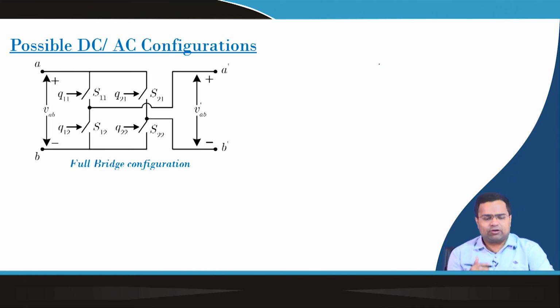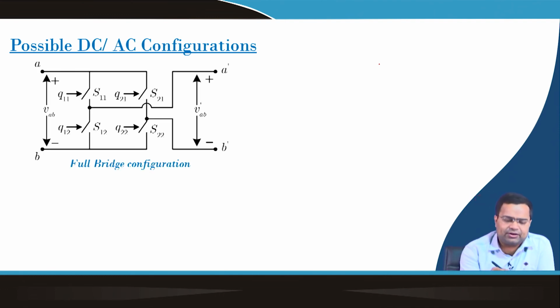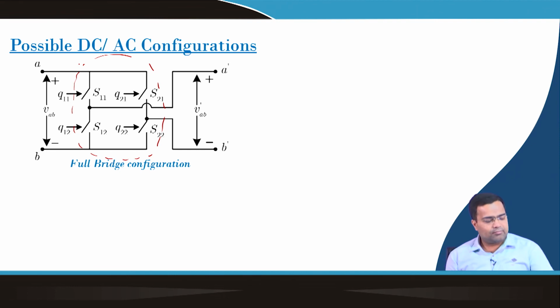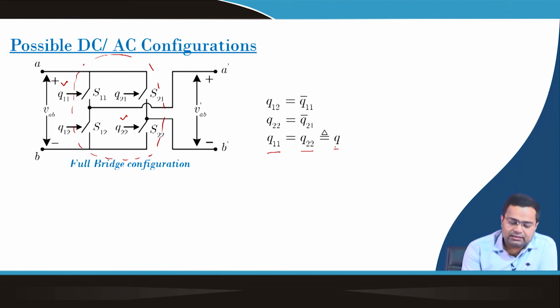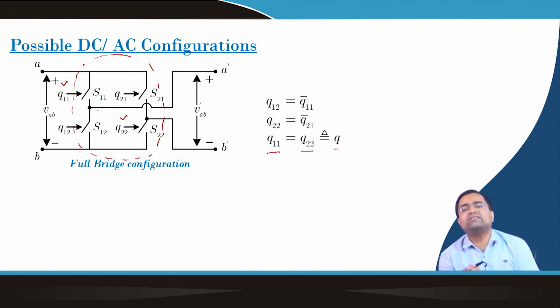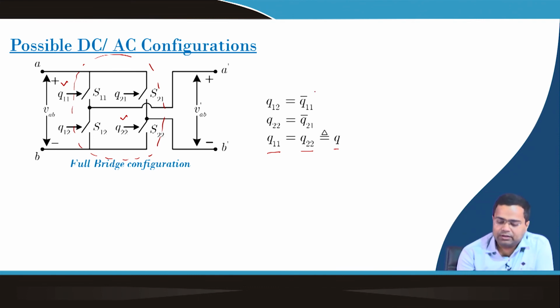Now, the possible DC to AC configuration is simply our full bridge configuration. We are using 4 switches and we can set their gate signals accordingly. Like S11 and S22, we set using a controllable gate signal Q, whereas the remaining switches S12 and S21 are operated in a complementary fashion, equal to Q bar.